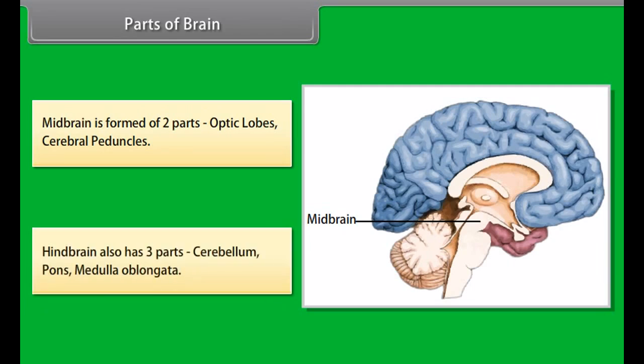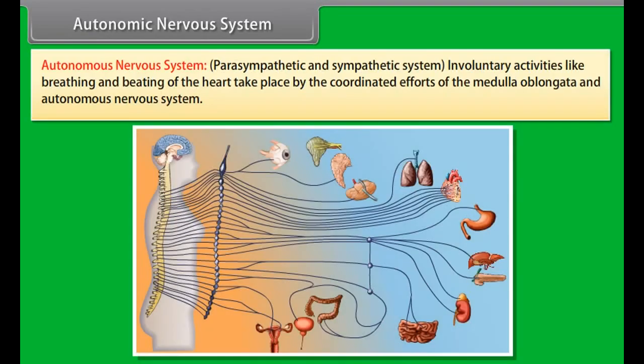Parts of the brain. The human brain has three parts: forebrain, midbrain, and hindbrain. The forebrain is the anterior two-third part of the brain. It is the main thinking part of the brain. It has three parts. Olfactory lobes are one pair, small-sized and club-shaped.